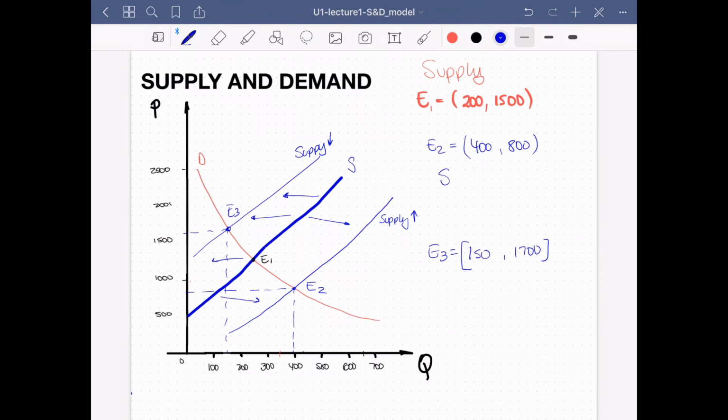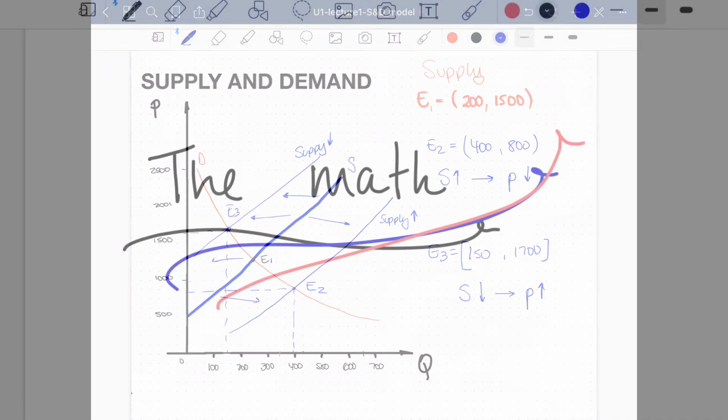So we say that if supply goes up and demand doesn't change, price of the good will be reduced, and if supply is reduced for whatever reason without changing the demand, price will increase.